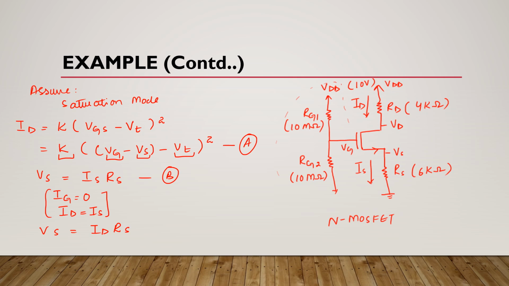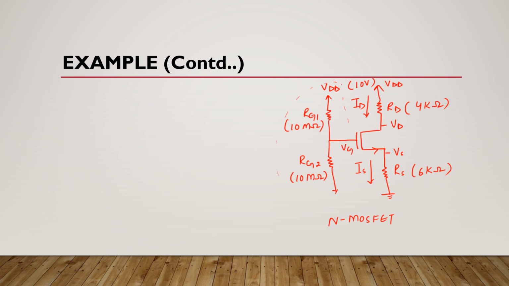Here we know that the value of source resistor is 6 kilo ohms. It means here this source voltage is equal to drain current multiplied by 6 kilo ohms. This is equation C. Now we will put all the given values in equation A.